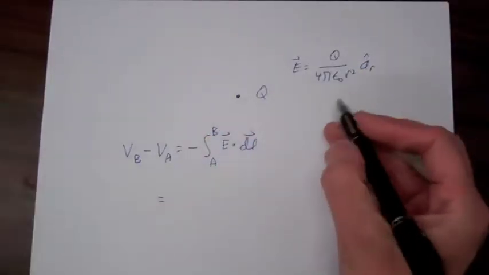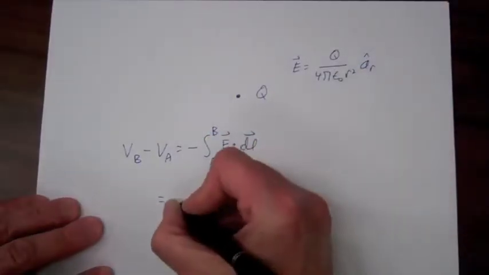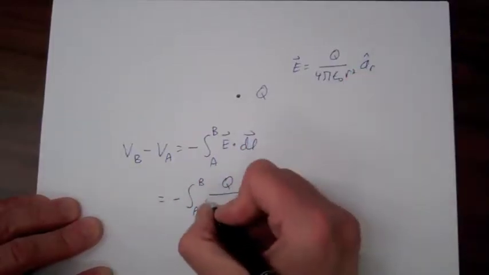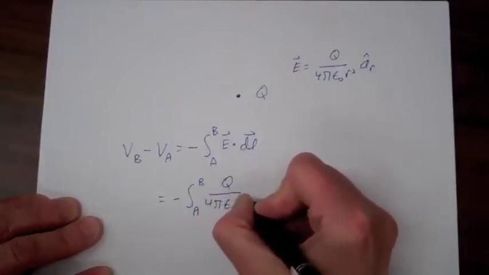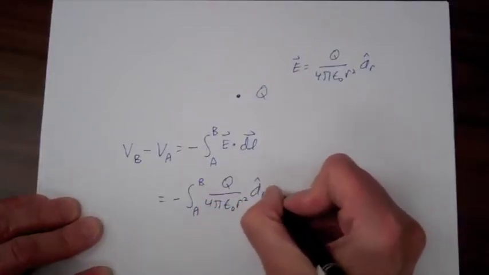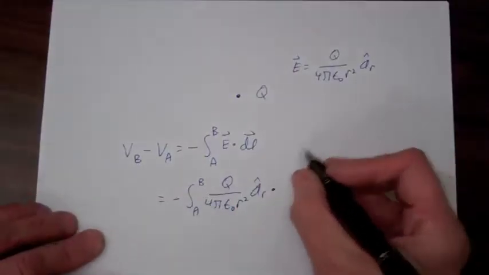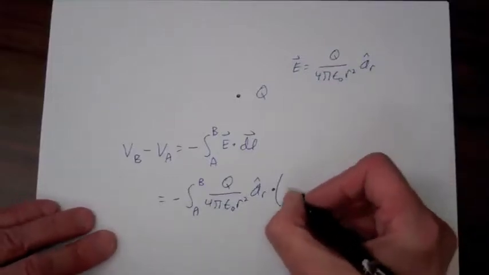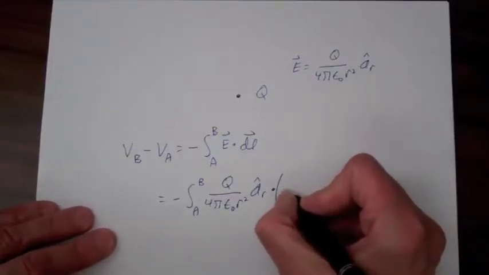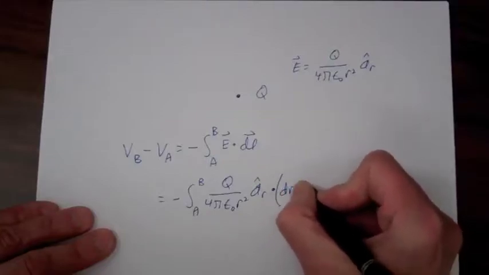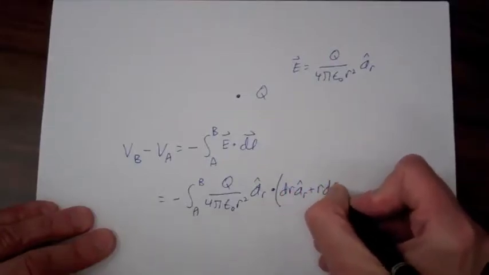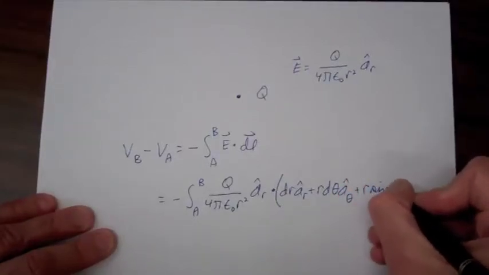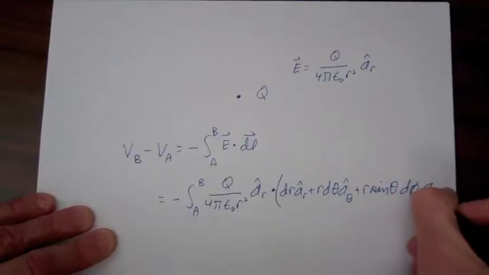Okay, so for this field, for a point charge, we put in our electric field, and we dot it with our differential length. And when we're dealing with spherical coordinates, which we will be because of this spherical symmetry, the length differential is dr in the r direction plus r d theta in the theta direction plus r sine theta d phi in the phi direction.